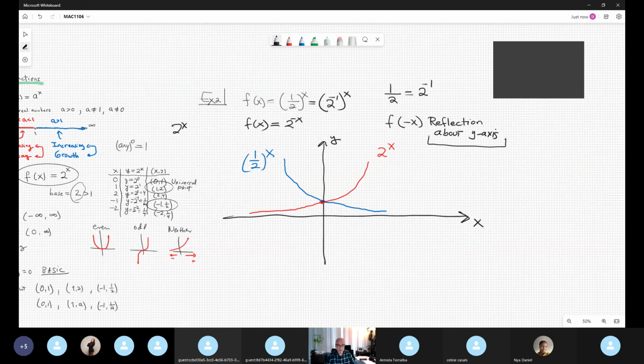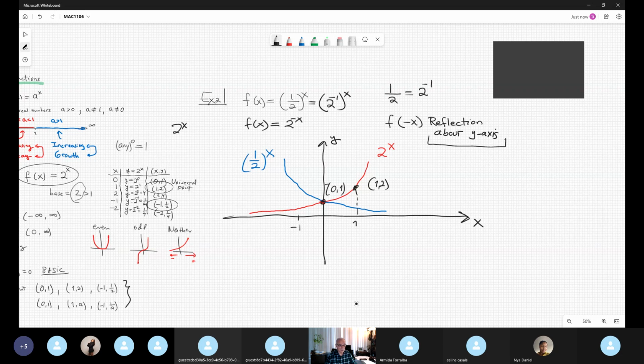Don't forget this important point, universal, (0, 1). If you want extra typical points, for example in red, (1, 2), because it's obvious: the base is 2, when you raise it to the 1 power, it is 2. And negative 1, this is a typical point, guys.